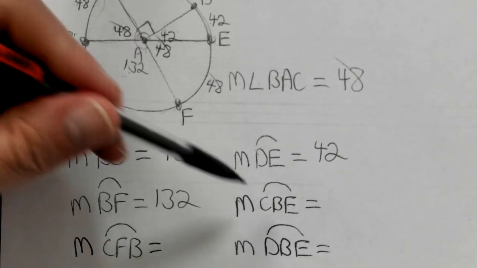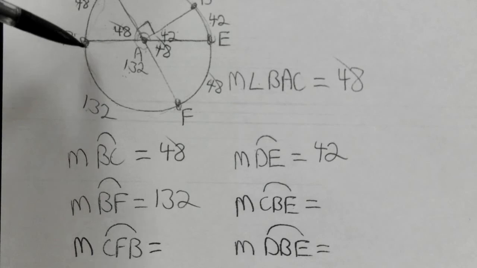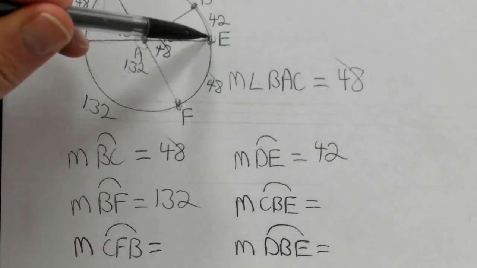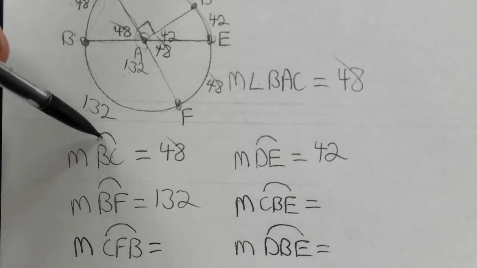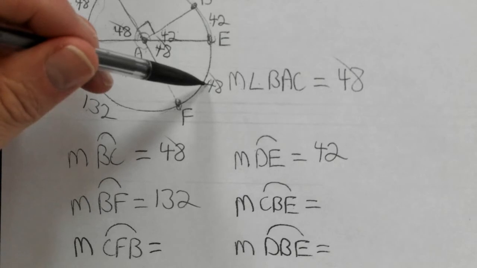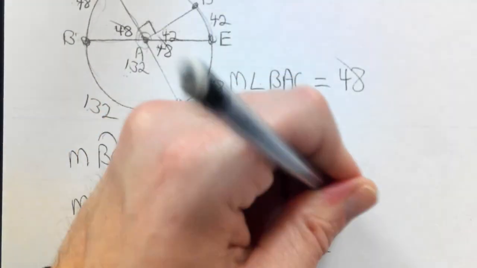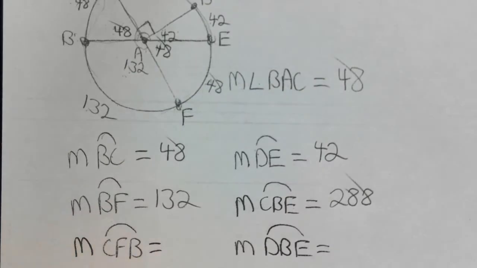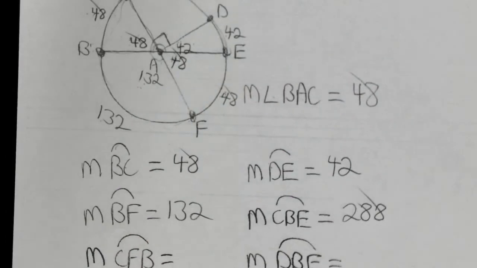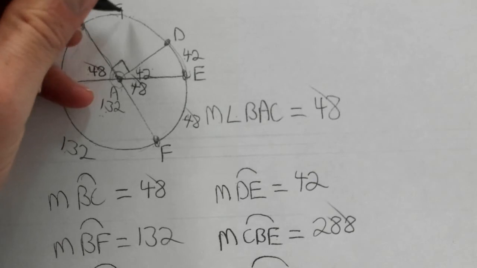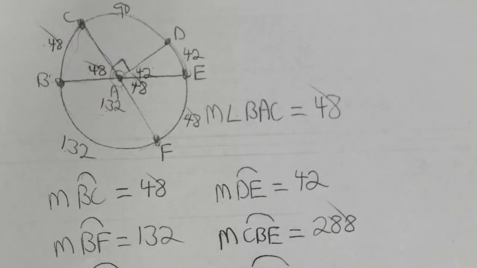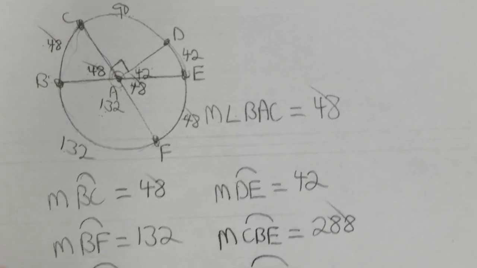And now, if I wanted to get the measure of arc CBE, I just need to add 48 plus 132 plus 48 and get 288. So again, there are ways to get all of the arcs, and this one would be, of course, 90 degrees up here.